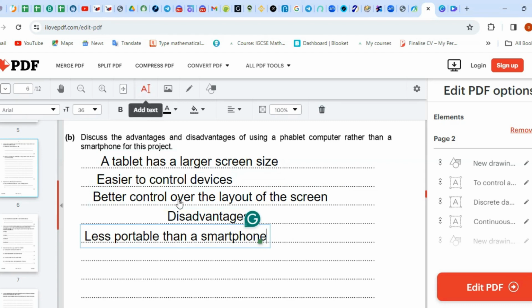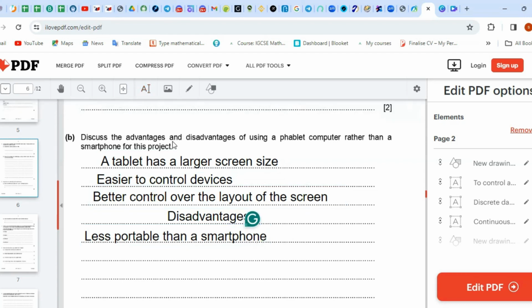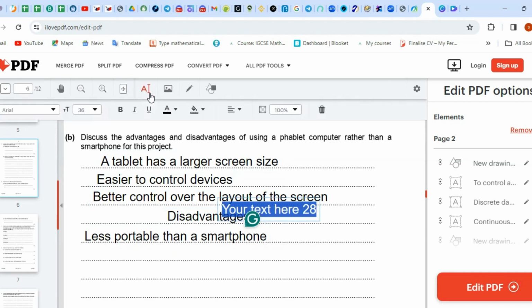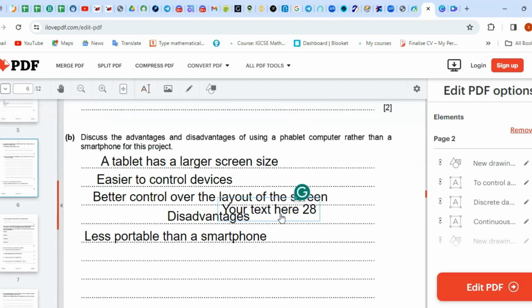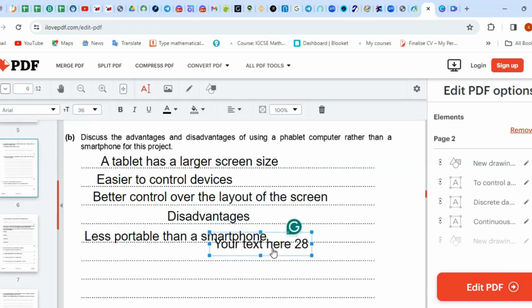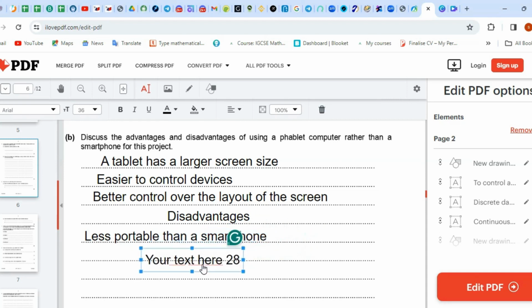Yes, what other disadvantage do we have? What other disadvantage do you have? More difficult to record audio messages due to its size.